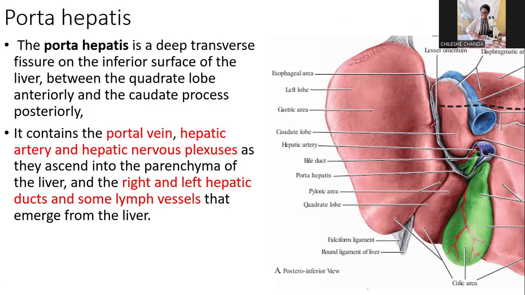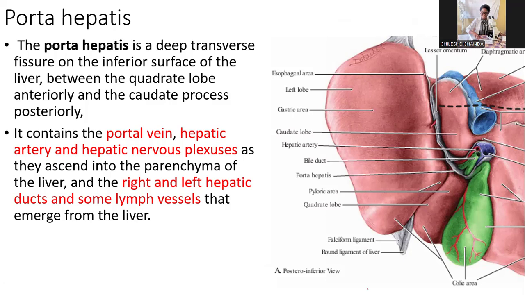So we are saying that this porta hepatis is found between the quadrate lobe anteriorly and the caudate process posteriorly. So this area, in between where you find these vessels entering the liver, that is the porta hepatis.